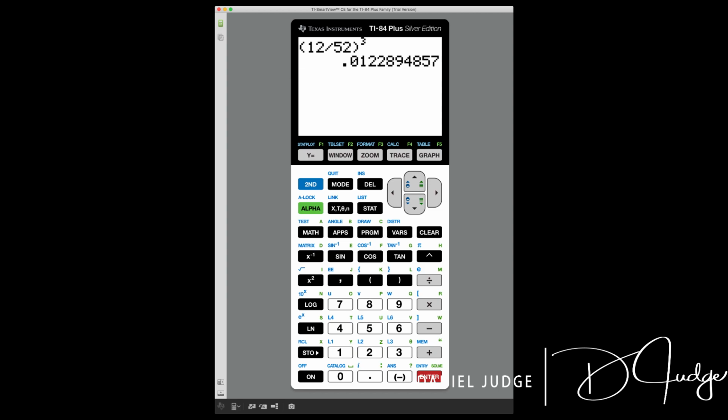So let's write these numbers down. 0.012289894857. If we go into the 10,000s again, we say tens, 100,000, 10,000. We put our eyeball on the 8. Is that right? Take a look.